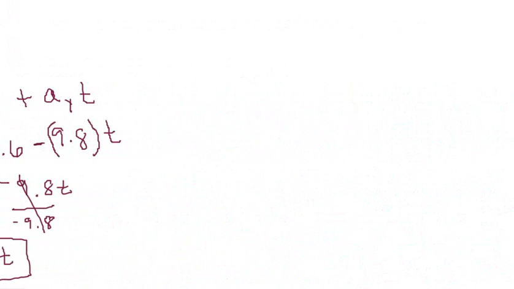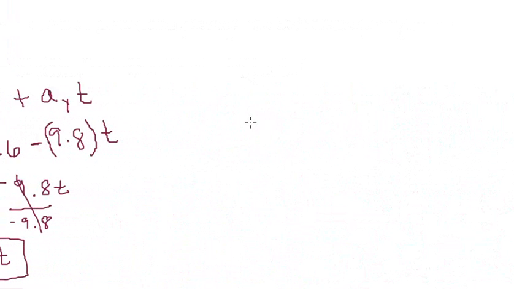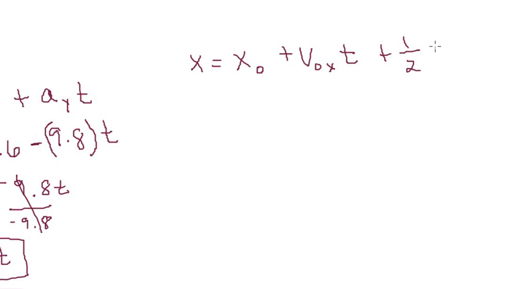The kinematic equation that I'm going to use is x equals x initial plus the initial velocity in the x direction times time plus 1/2 acceleration in the x times the time squared. This is the equation I'm going to use.